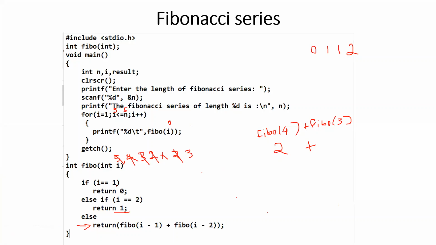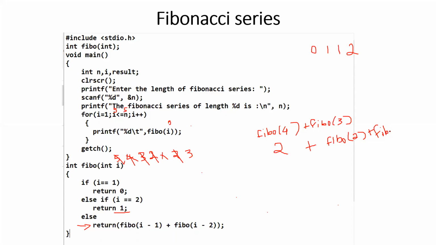So when it comes over here, I equal to 1, return; I equal to 2, no; it is coming to I equal to 3, right? So it will come to this part, Fibo of 3 minus 1 plus Fibo of 3 minus 2. So in order to solve Fibo of 3, you should find the value of Fibo of 2 plus Fibo of 1. Are you able to understand?